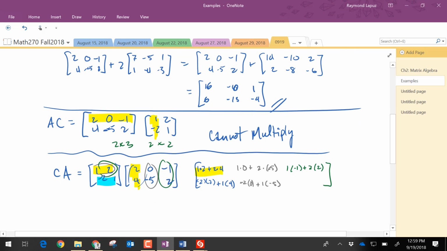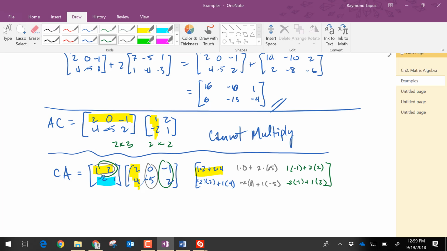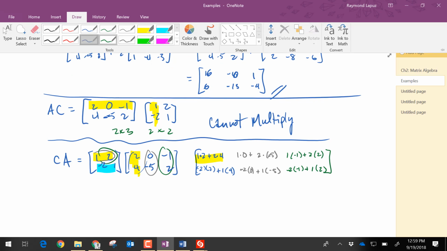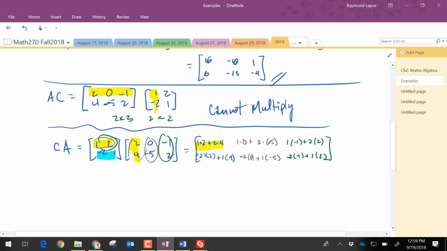And then minus 2 times negative 1 plus 1 times positive 2. So the resulting matrix that you would have in this multiplication is whatever this turns out to be.